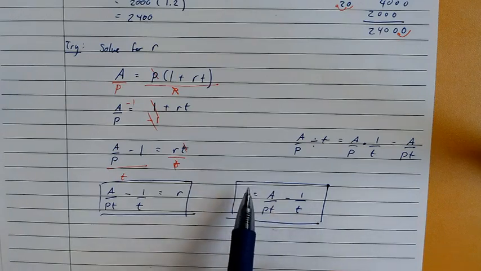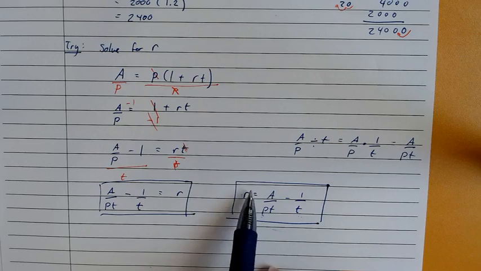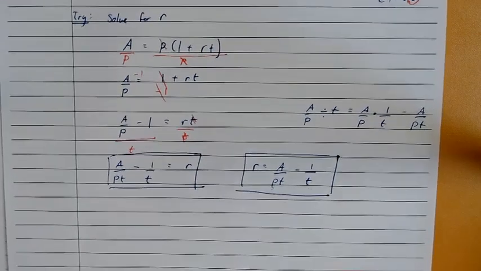But by isolating this variable, you've now rewritten your equation to give a formula for a different quantity. Here, if you know the amount that you're going to pay back, and you know how long you're going to hold the money for, that will give you the interest rate. All right, and there we go.